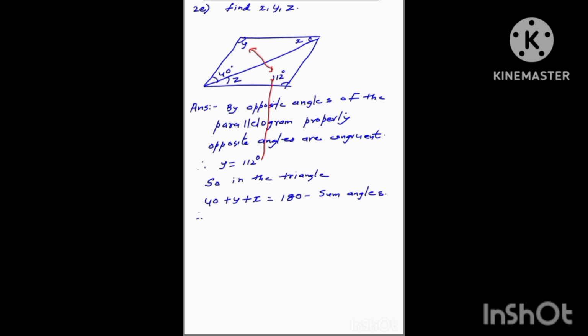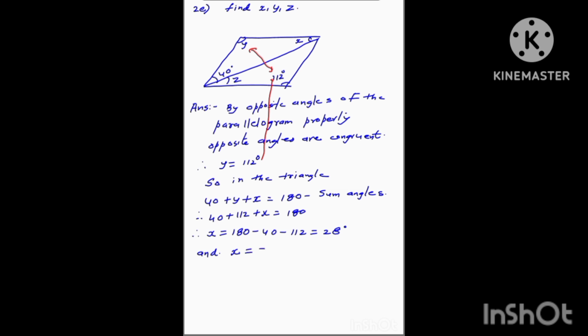We substitute the value of y: 40 plus 112 plus x equals 180. Very simple calculation. So x equals 180 minus 40 minus 112, which is 28. Yes, it is 28. So we got x.